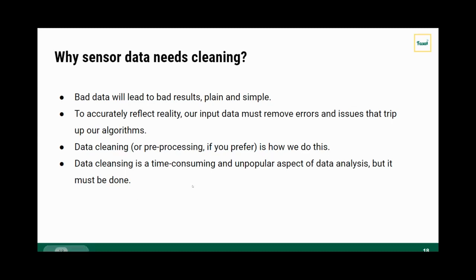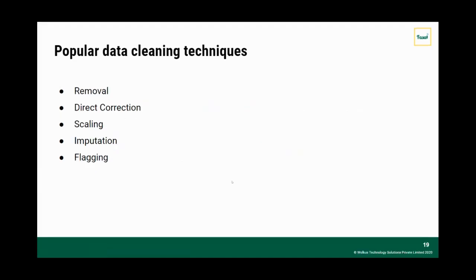So moving next, what are the popular data cleaning techniques? It is either you remove the data, or you can directly go and correct it. If a certain value has to be something specific, you can just directly go and correct that value.